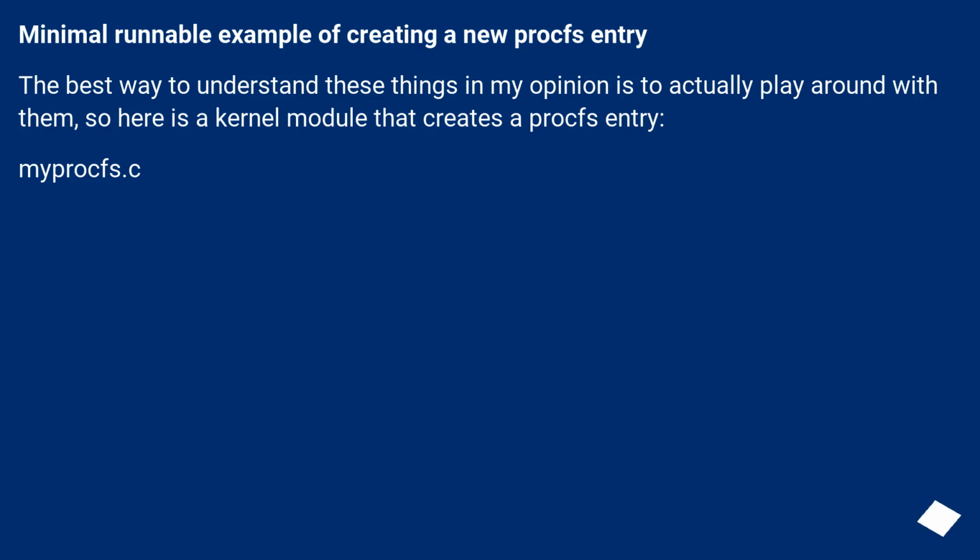Minimal runnable example of creating a new proc entry. The best way to understand these things in my opinion is to actually play around with them, so here is a kernel module that creates a proc entry. myprocs.c.